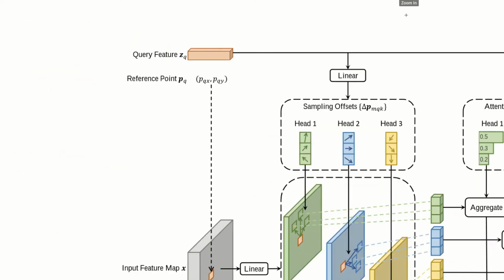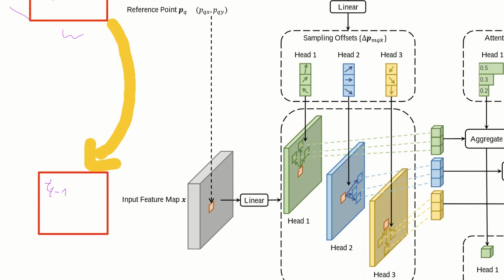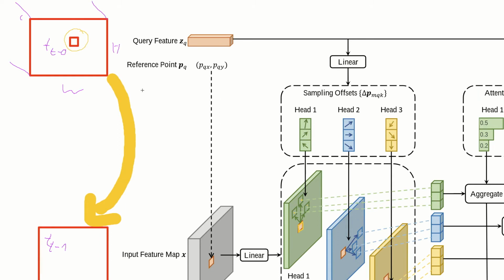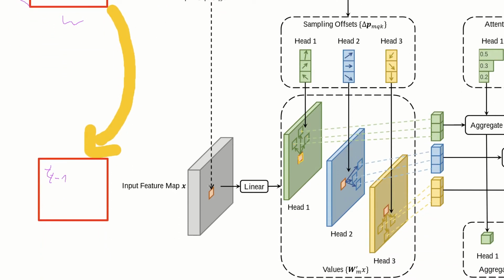So we get the position of our feature, and we look at that position in our past image, and look with the learned pattern at which feature vectors we would like to attend to. So these vectors are learned.